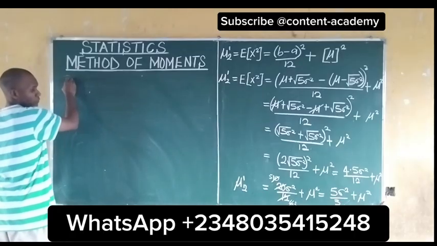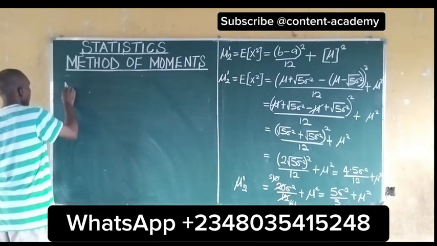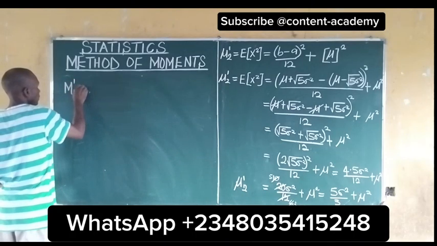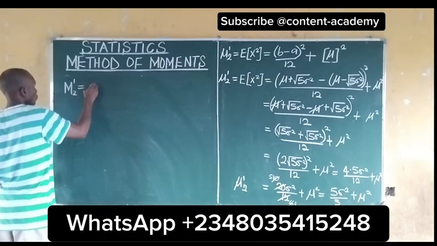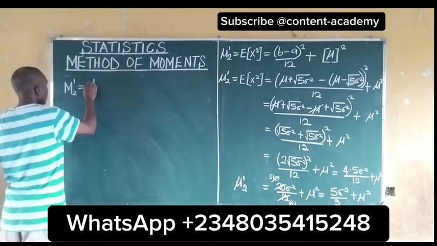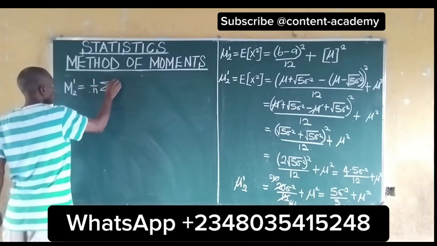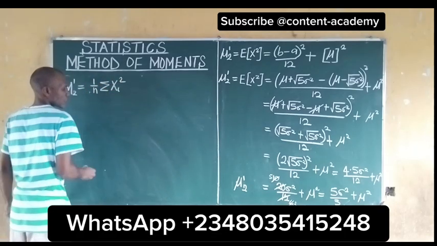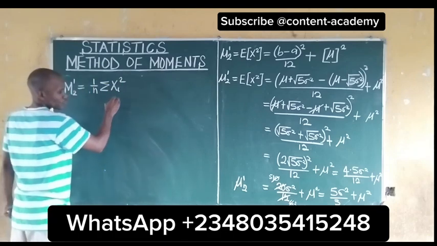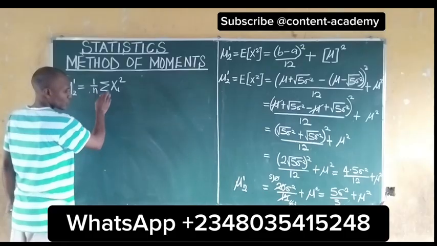For the sample mean, that is m 2, is equal to 1 all over n summation of xi squared.